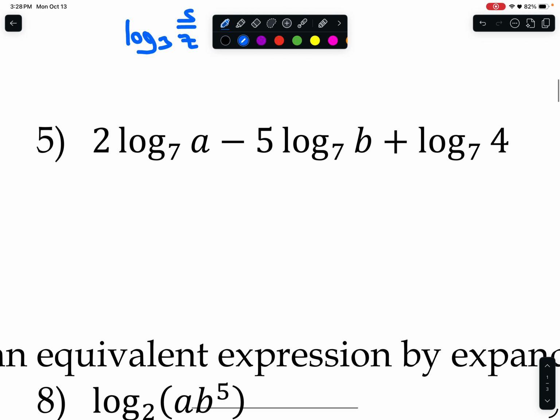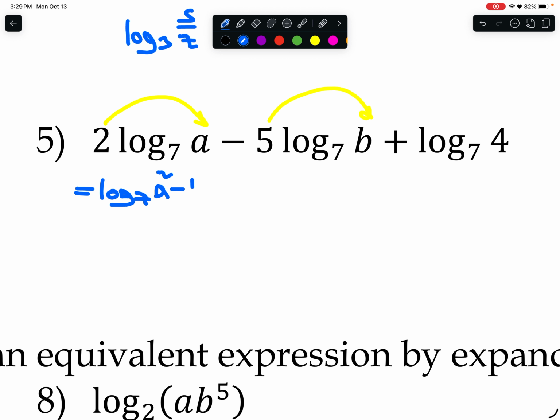Then number 5 here. My coefficients, once again, are going to become exponents. So I'm going to rewrite this as log base 7 of a squared minus log base 7 of b raised to the 5th plus log base 7 of 4.